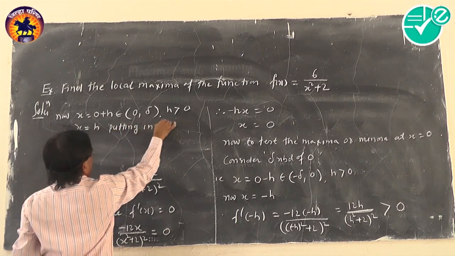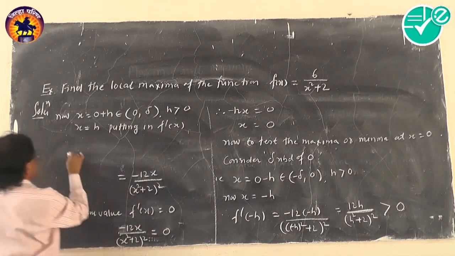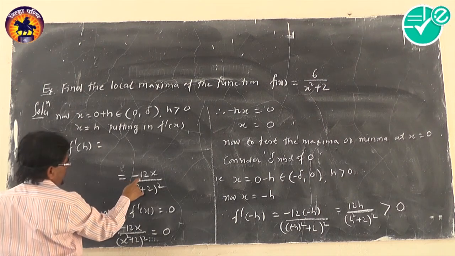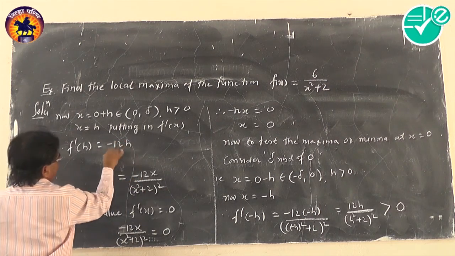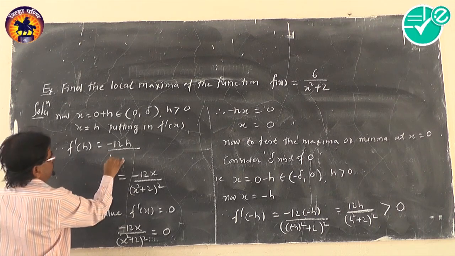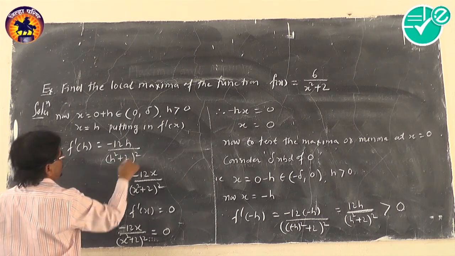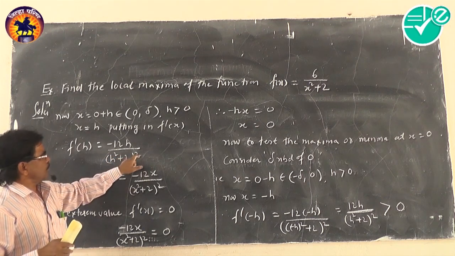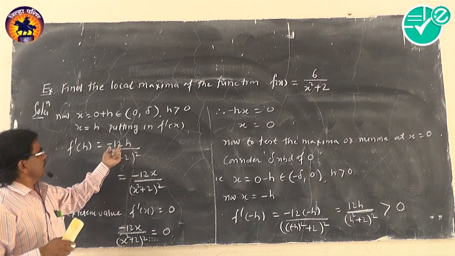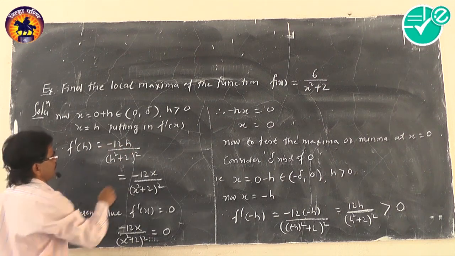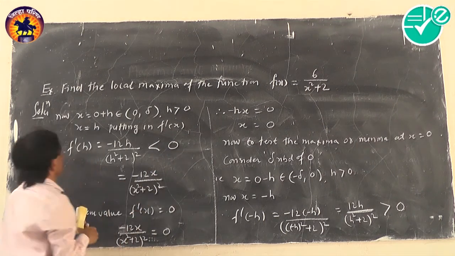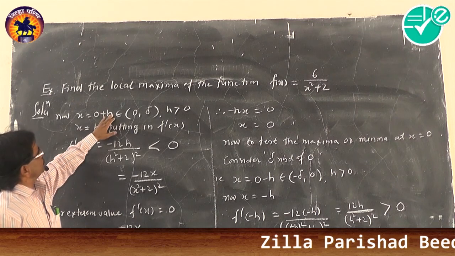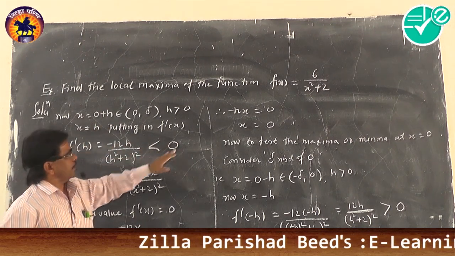Putting in f dash x, f dash of h is equal to minus 12 into h upon h square plus 2 whole square. Now here h is positive, h square plus 2 is positive, the square is again positive, but here is a negative sign, so this is less than 0. So at the right side of 0, the derivative is negative.